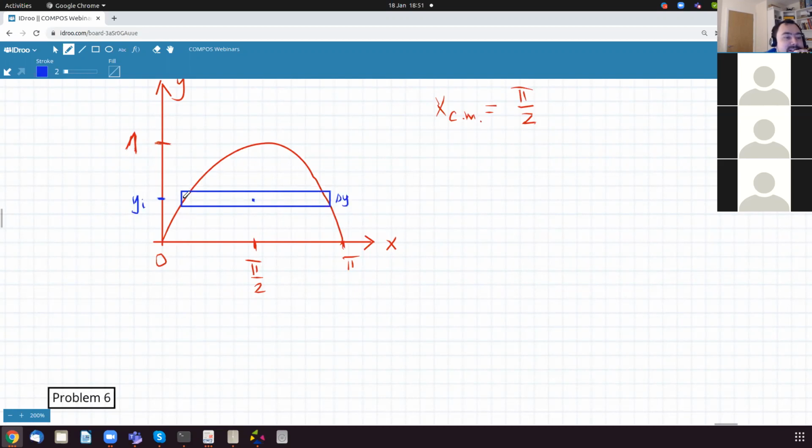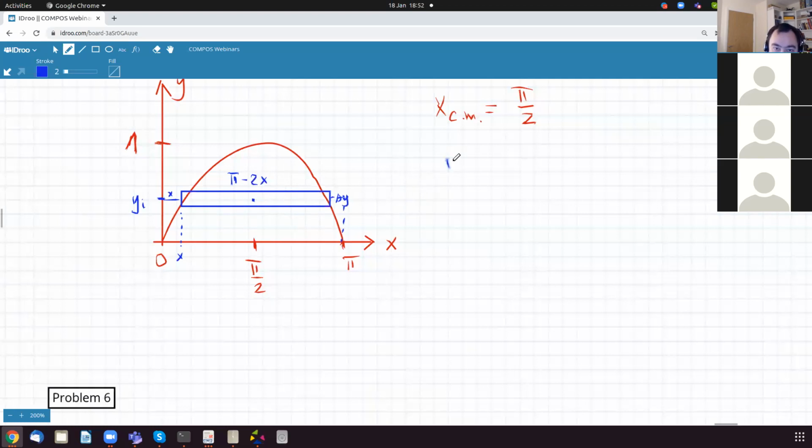But if this is y, then this is x. So this length is x. So the length of the strip is going to be pi minus 2x. Pi minus 2x, because it's symmetrical. Yeah, you can use the property of symmetry.